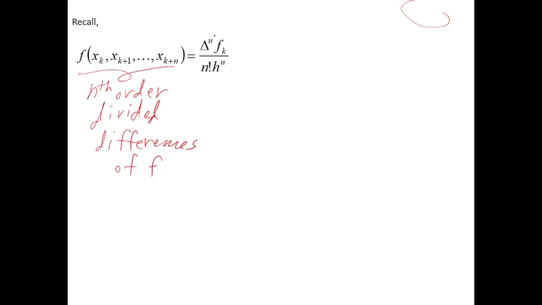Ito yung nth differences of f, n over n factorial h to the power of n. So, ibig sabihin niyan, given yung mga n differences ng f, hahanapin natin yung divided differences of f. Okay? So, hanapin natin yung mga divided differences of f.